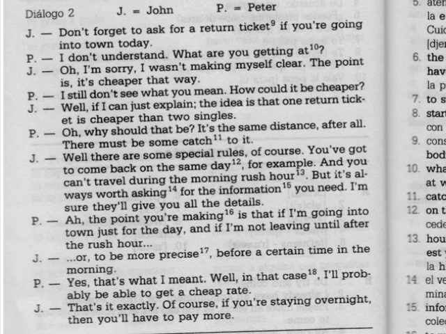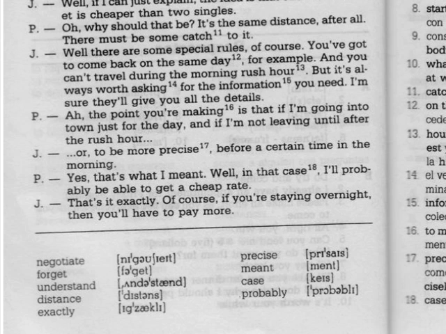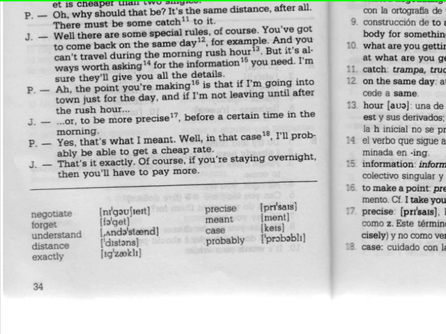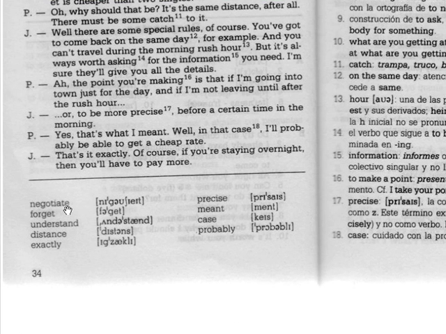Okay, I might go down here quickly and look at these words, and I'll go through them and pronounce them. Negotiate means to come to some agreement by conversation. Forget means to not remember, or understand means that you are clear on it. Distance is more or less the space from one point to another point.